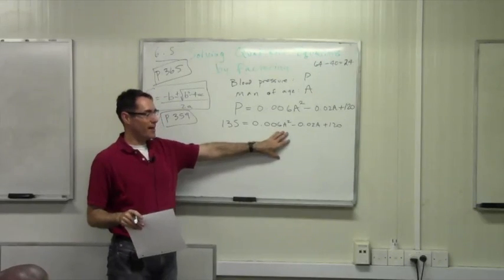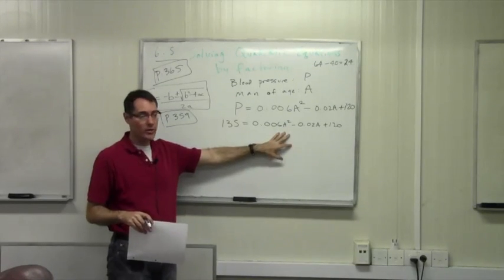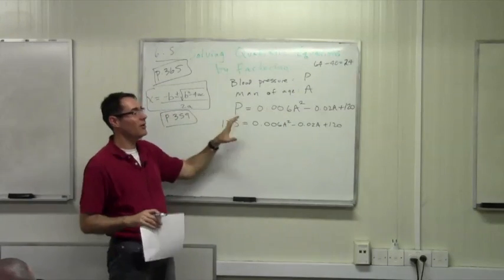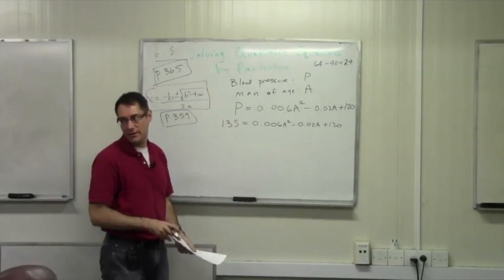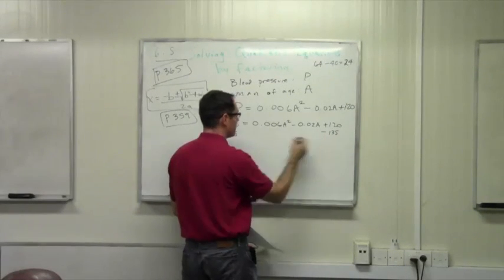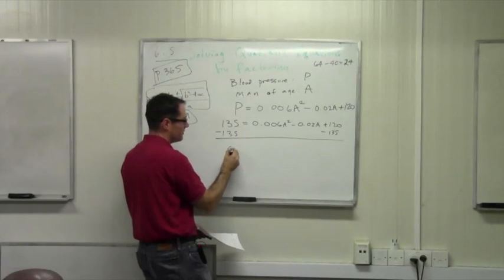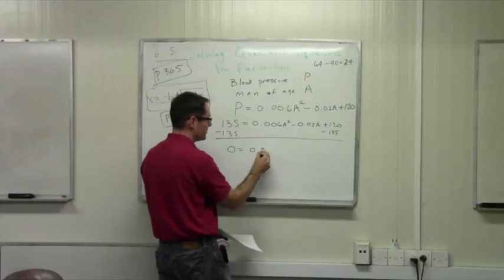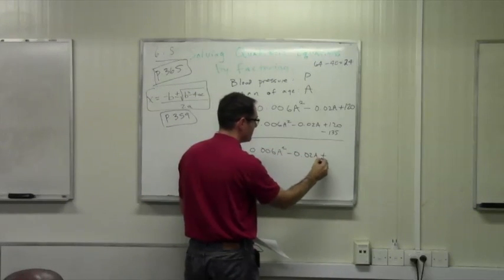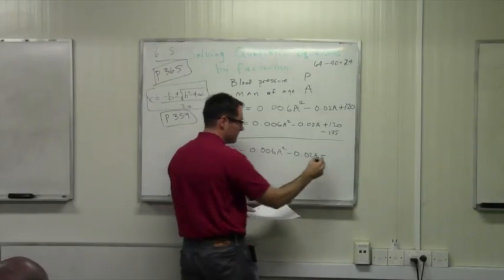Is this in the right format for the quadratic equation? Not quite. All we need to do is move the 135 to the other side, and it will be this equals 0. You could flip both, and it doesn't matter. Subtract 135 from both sides, and you end up with 0 equals 0.006 A squared minus 0.02 A minus 15.